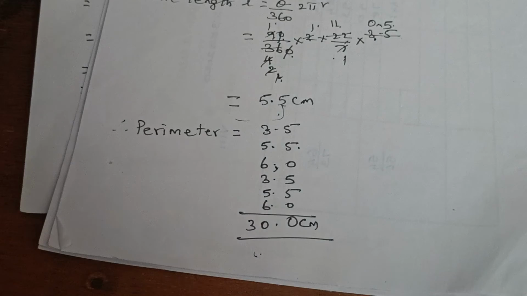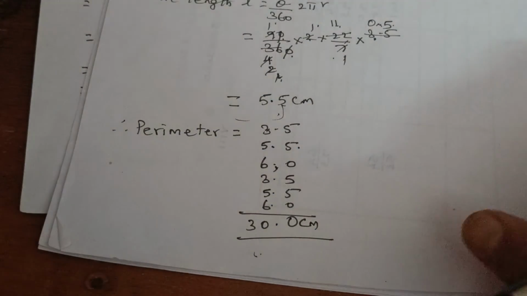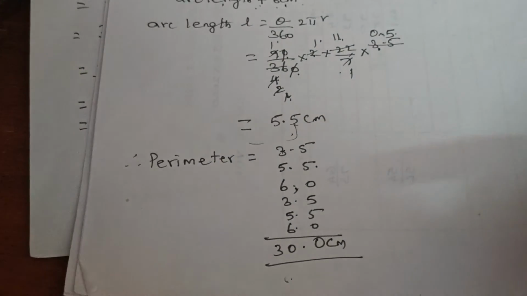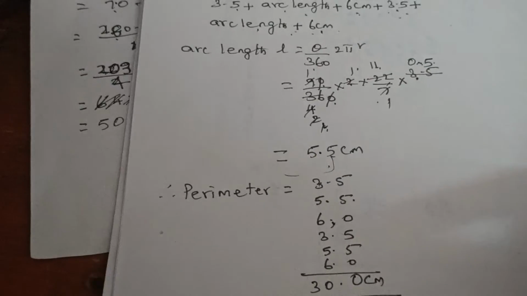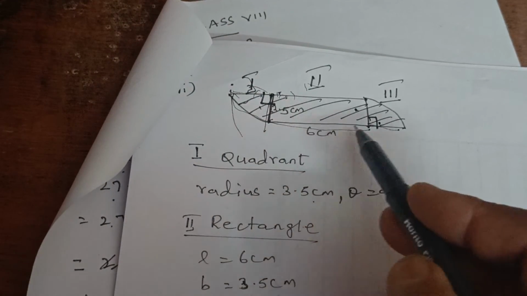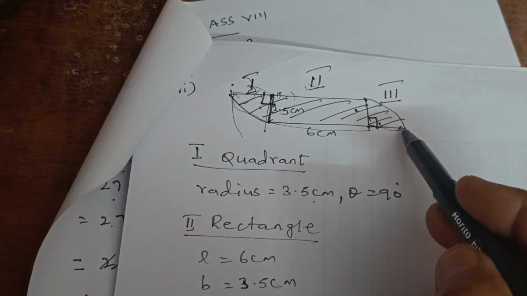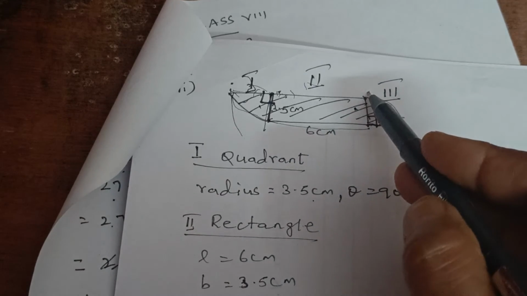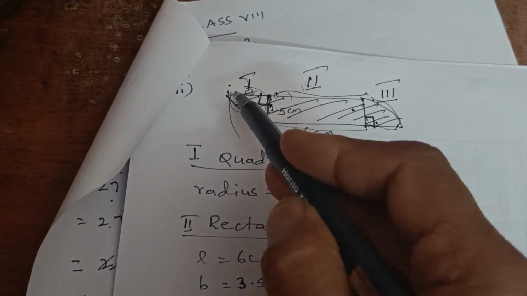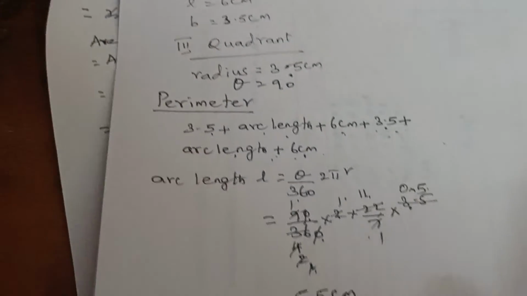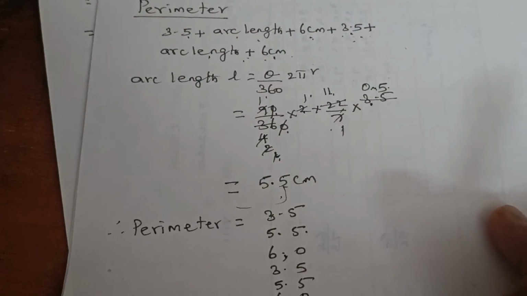When you add, we get 30.0, that is 30 centimeter, which is the perimeter of this given figure. It is arc length plus the radius of the quadrant plus arc length plus length of the rectangle plus radius of the quadrant.